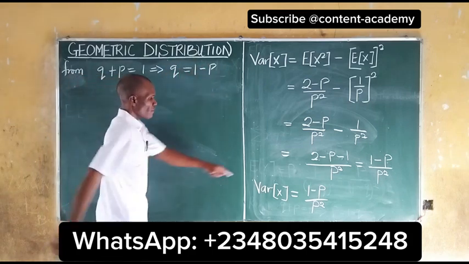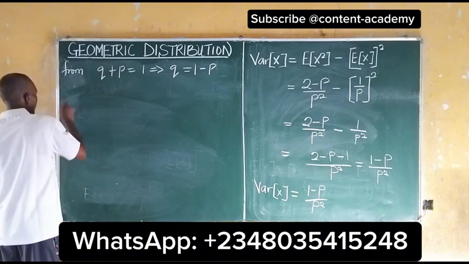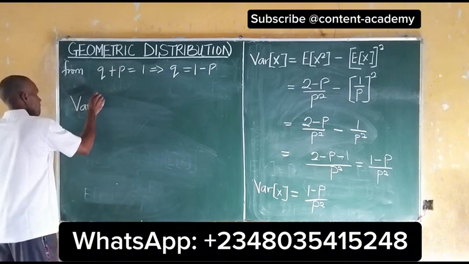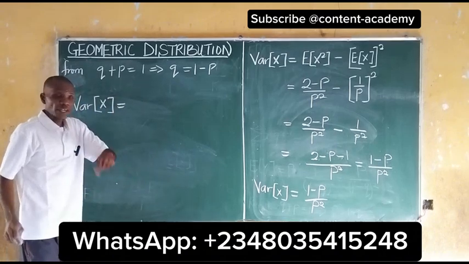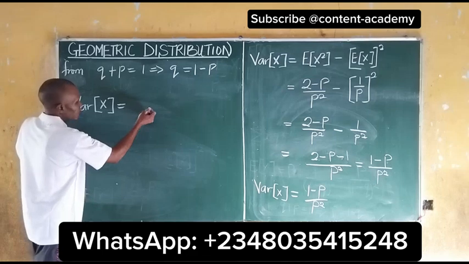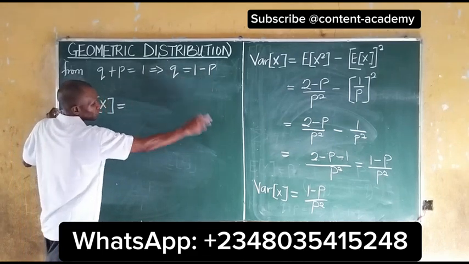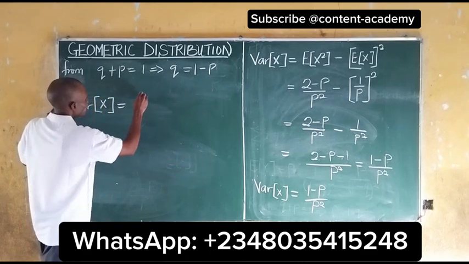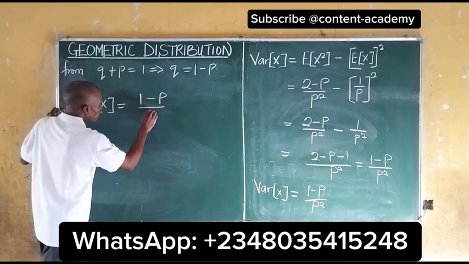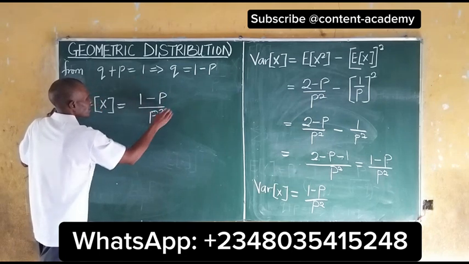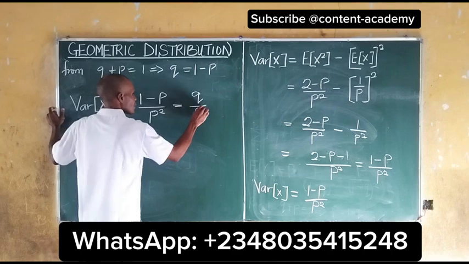So anywhere we see 1 minus p, we put q. (1 minus p) all over p squared is equal to q all over p squared.